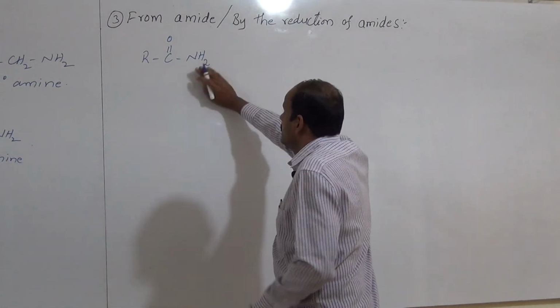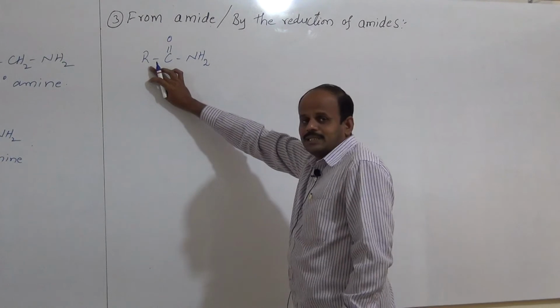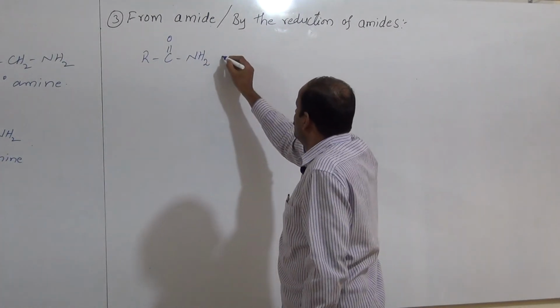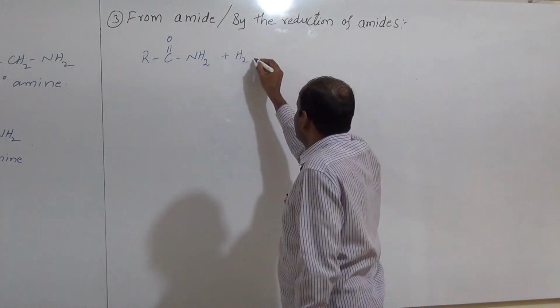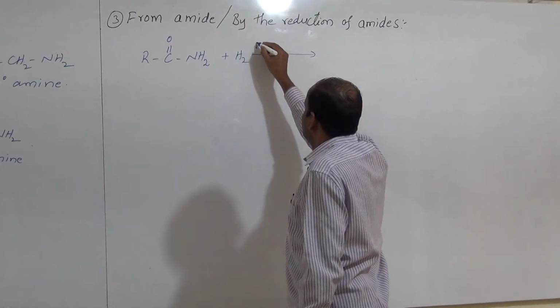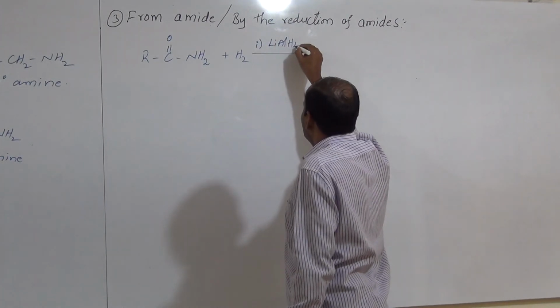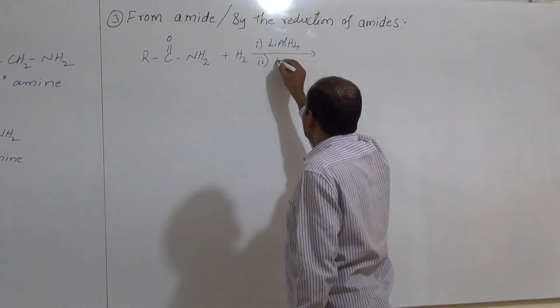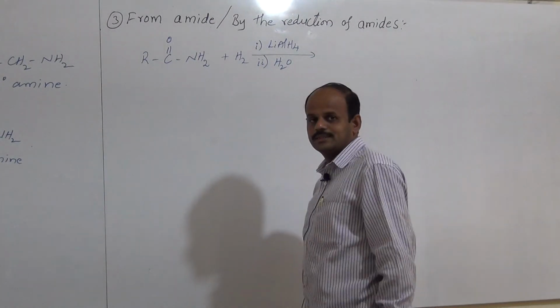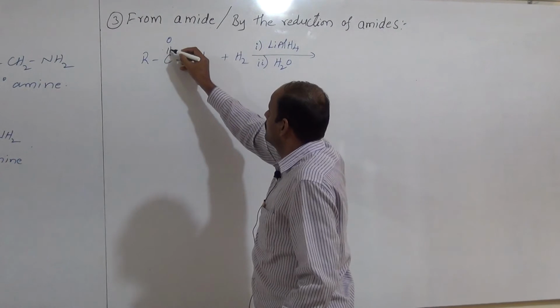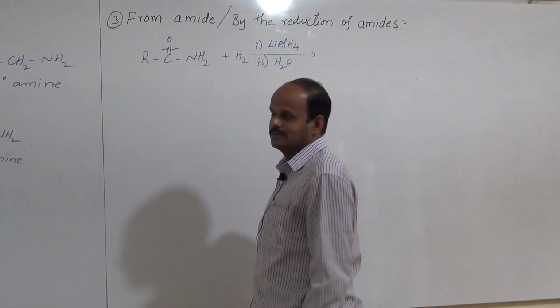Amides, the general representation is RCONH2, which undergo reduction in the presence of lithium aluminum hydride followed by hydrolysis. Then this bond will break down, this bond and this bond also.